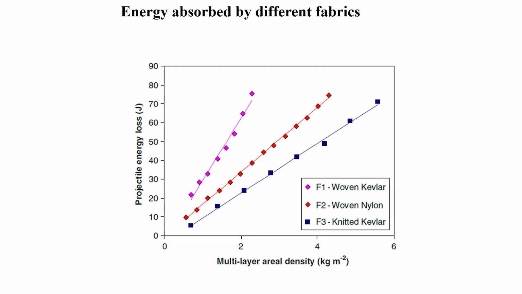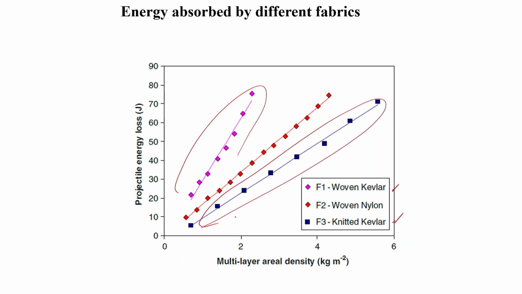And here you can see the energy absorbed by different fabrics. Now, F1 and F2 are woven fabrics and F3 is a knitted fabric. If you compare the woven fabric with the knitted fabric from the same fiber, para aramid, the projectile energy loss for the woven fabric is much higher than for the knitted fabric.